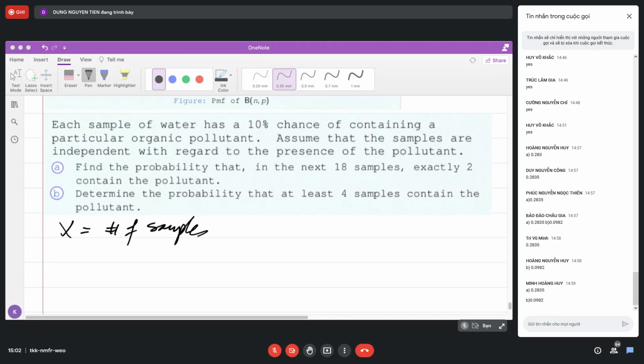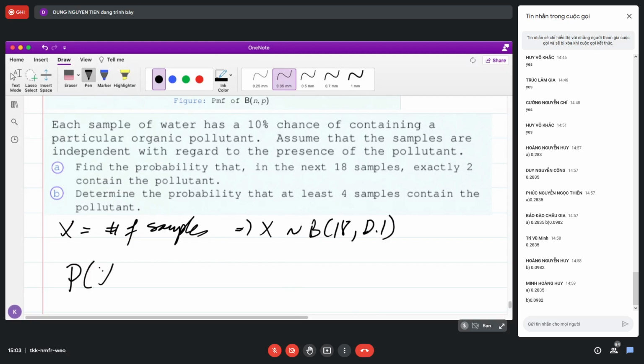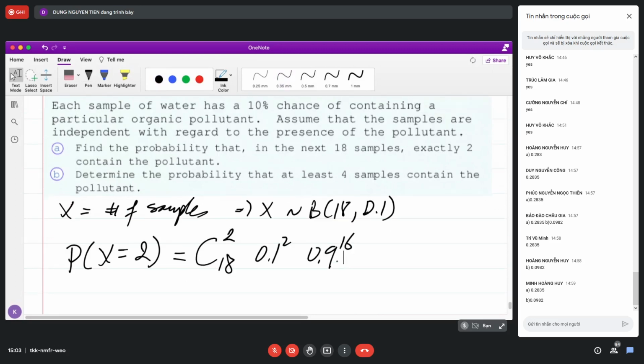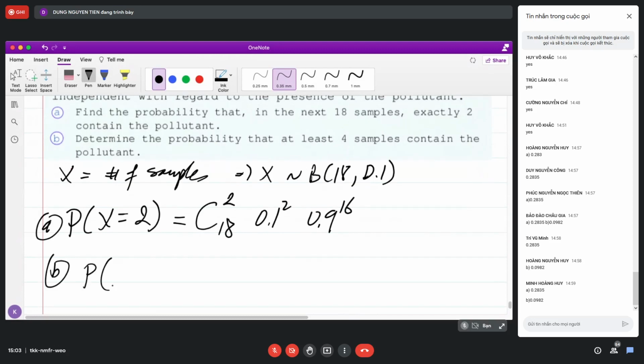Then X follows a binomial distribution, 18 and 0.1, and you want to find the probability that there are exactly 2. So the probability that X equals 2 is 18 choose 2, times 0.1 squared, times 0.9 to the 16.